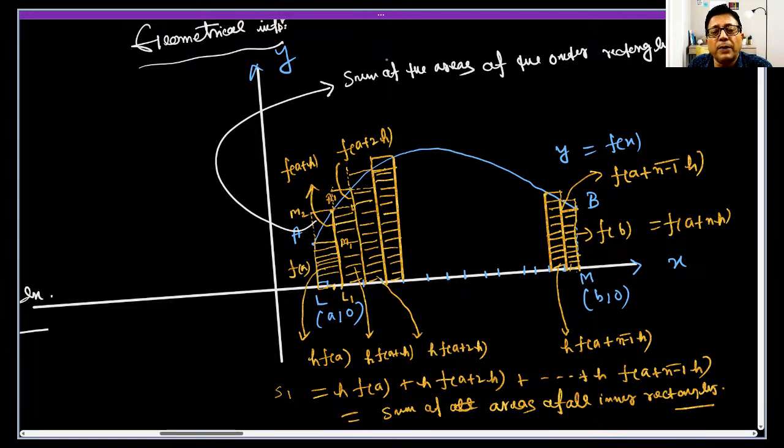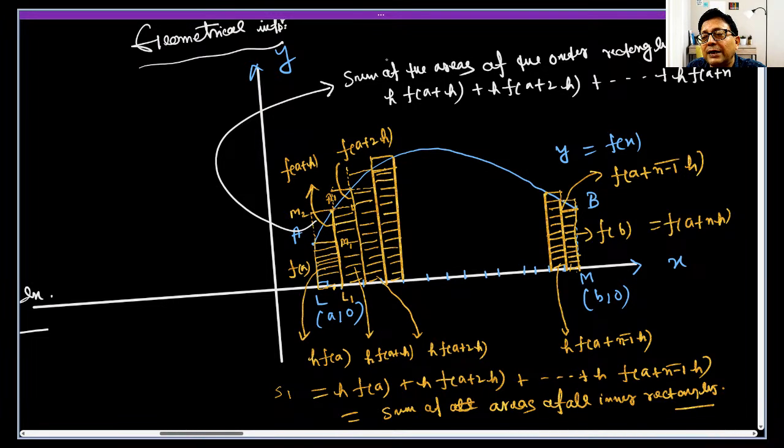The sum of the areas of outer rectangles: h into f of a plus h, h into f of a plus 2h, and if you agree I will write f of a plus nh. This is S2. Isn't it? Am I clear?